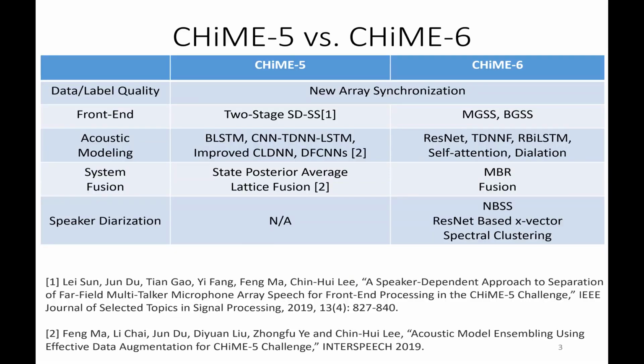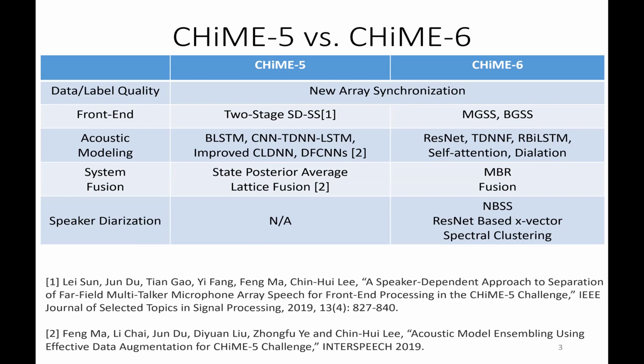Before introducing the details, we give an overall comparison of techniques we adopted for CHiME 5 and CHiME 6. CHiME 6 uses a new array synchronization method, which significantly improves the data and label quality.